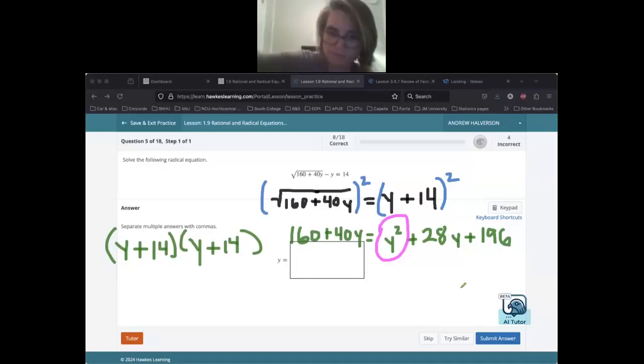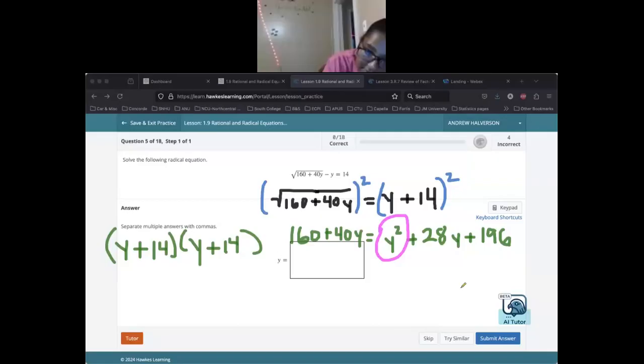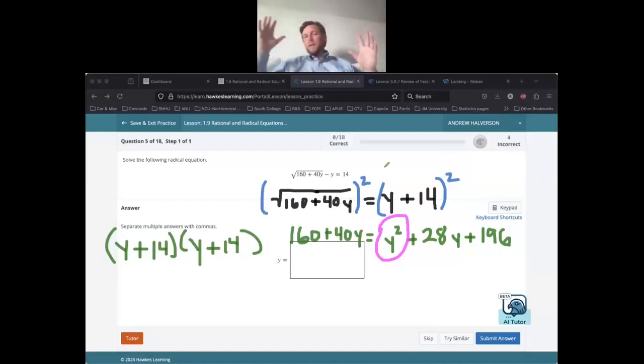You bring 28 over to your left side, correct? Yeah, you could. So the rule is you get one side equal to 0. And I've always been telling you that, and Allison's repeating exactly what I said. Get the right side equal to 0.